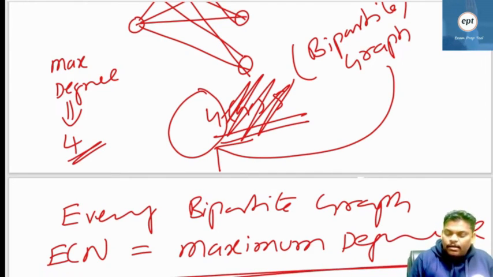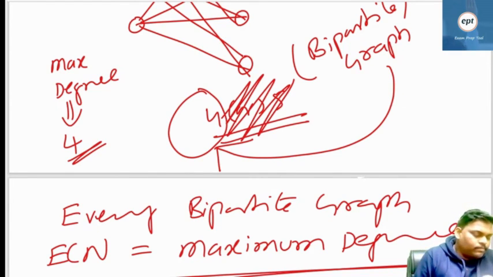Every bipartite graph, edge chromatic number is maximum degree.